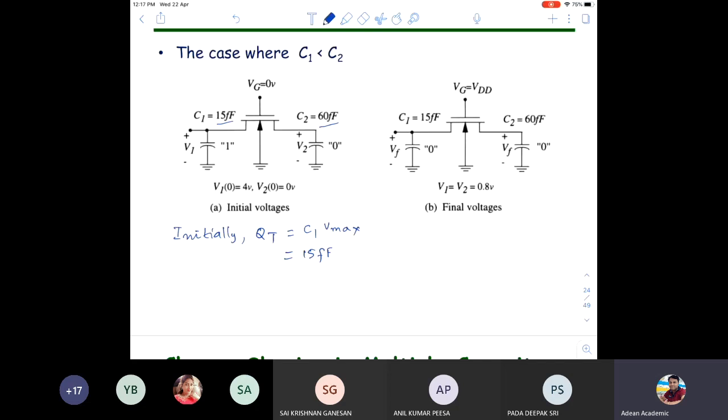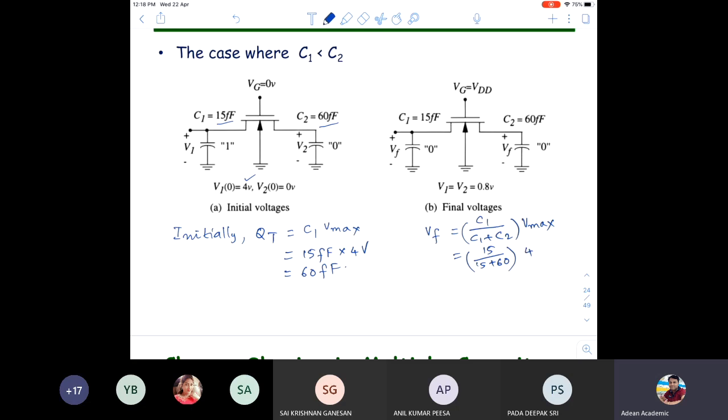Vmax is remaining same. Vmax is V1. 15 into 4, that is 60 femtofarads is Qt. Now after charge sharing, what will be the final voltage in both the capacitors? Vf is equal to C1 by C1 plus C2 into Vmax, that is nothing but C1 is 15 by 15 plus 60 into Vmax.